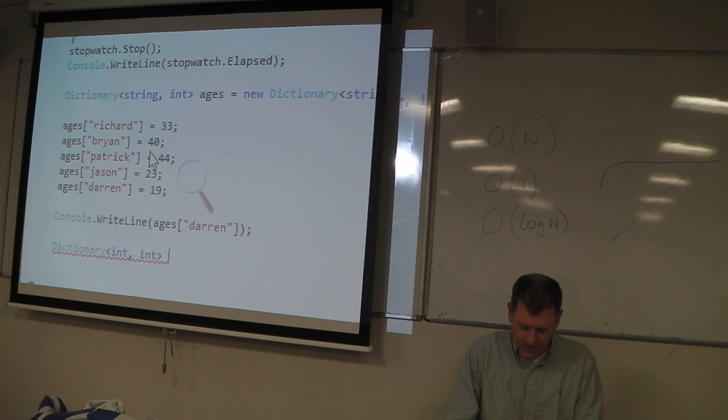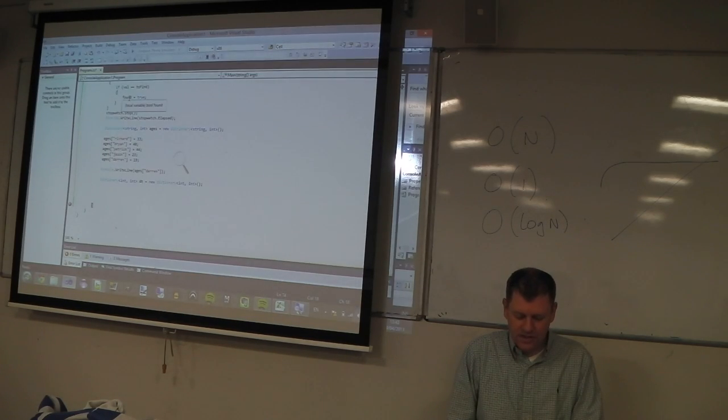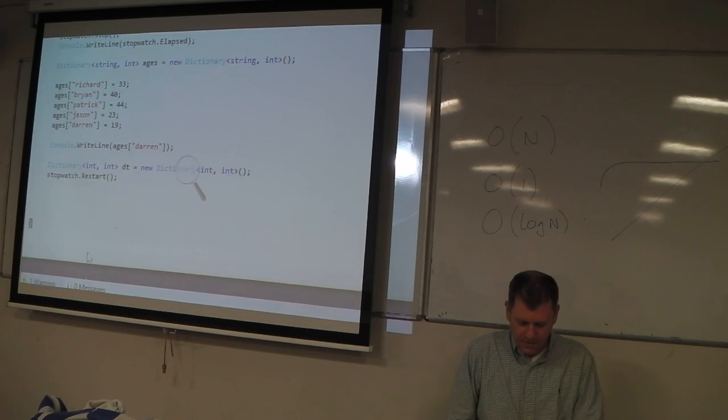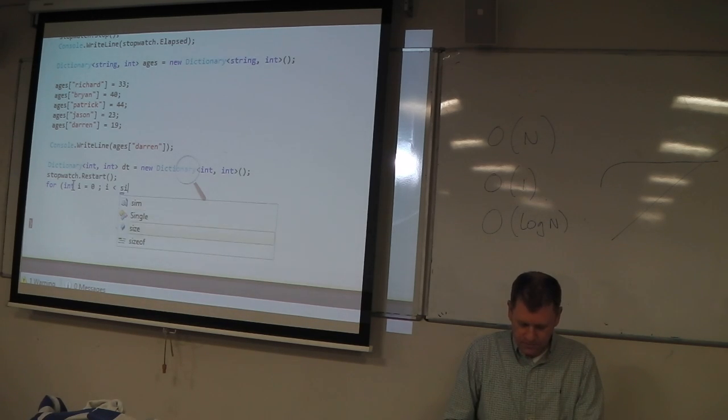So I'm going to call this DT for dictionary test. New Dictionary<int, int>. Alright. And now, let's do the same test again. Let's start the stopwatch. We'll put 100,000 entries into that dictionary and see how long it takes compared to an array, okay? So there's my stopwatch restart. for i = 0; i < size.